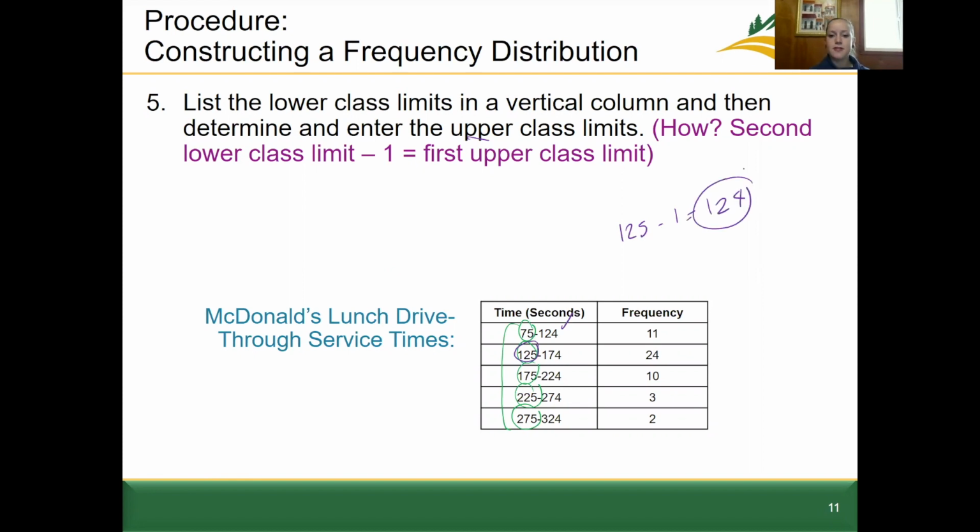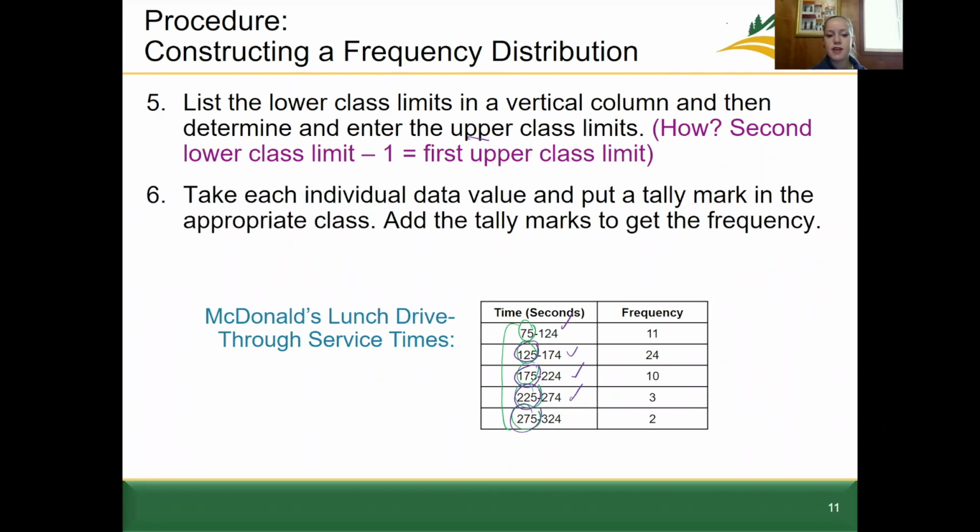So our first upper class limit is 124. You'll see the same thing has happened for the rest of the table. 175 minus 1 equals 174. 225 minus 1 equals 224. 275 minus 1 equals 274.